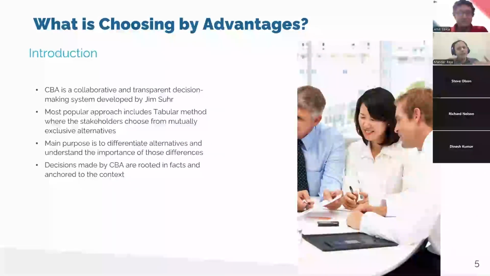I'm assuming some level of familiarity with choosing by advantages, so I just have a couple of slides on it. It's a collaborative, transparent decision-making system developed by Jim Sir.